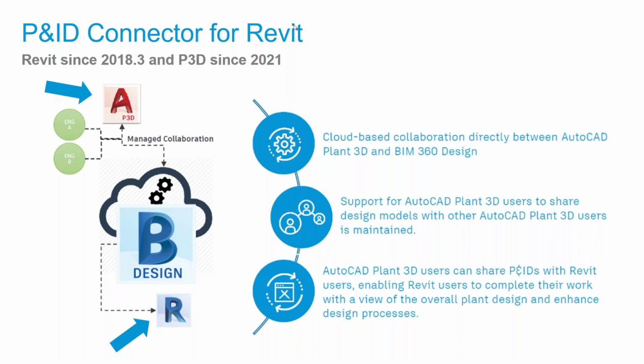So if you have users with AutoCAD P&ID and other users with Revit, they can pursue the work which has been done in AutoCAD P&ID into Revit. In P&ID you do, of course, all the schematic, and you can use it as it is in the 3D for Revit.